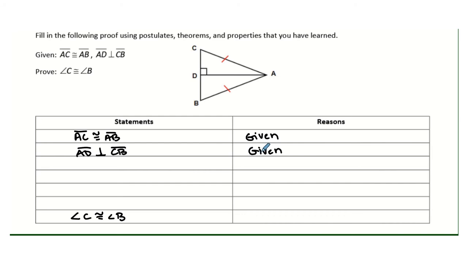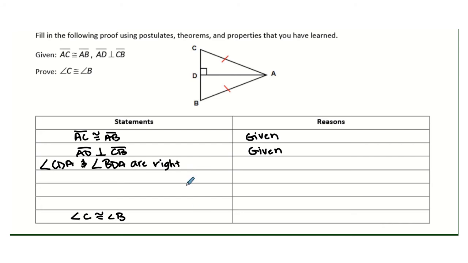So they are right angles, right? So we can say that angle CDA and angle BDA are right angles.